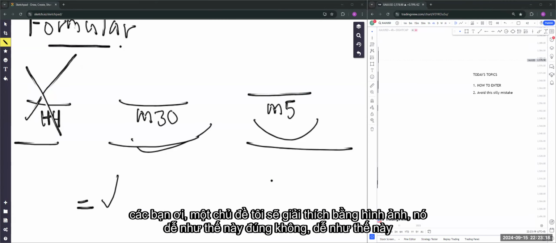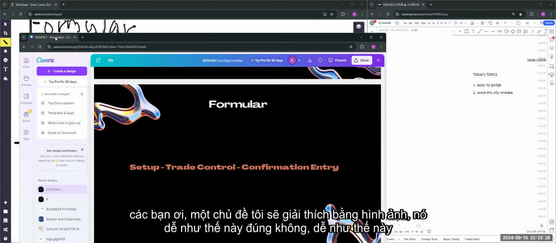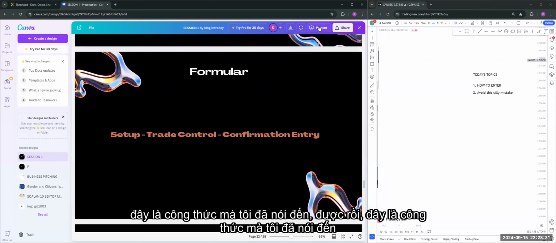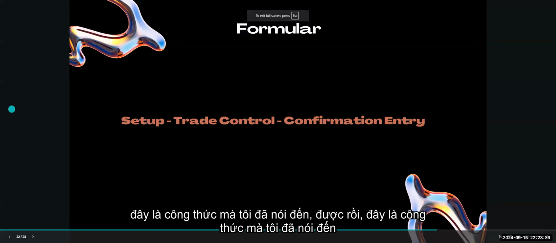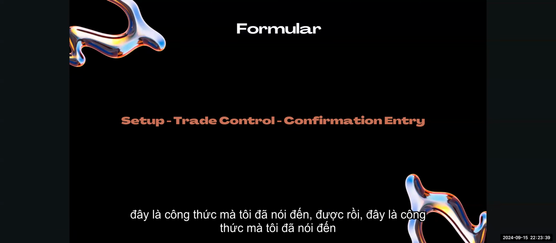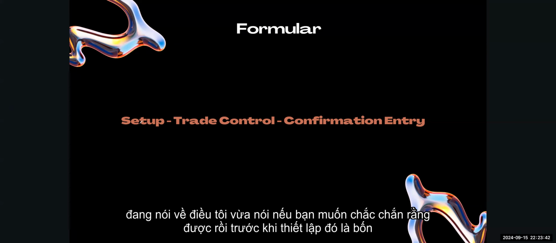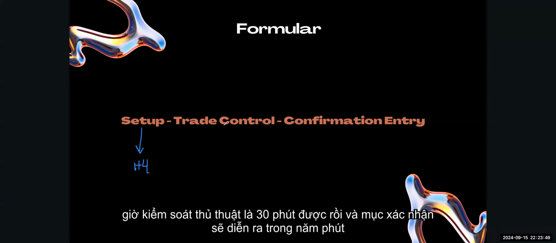So I'm going to show you one topic. I'm just going to explain in a picture. It's easy like this. This is the formula that I've been talking about. As I said just now, setup is 4 hour, trade control is 30 minutes, and confirmation entry is on 5 minutes.